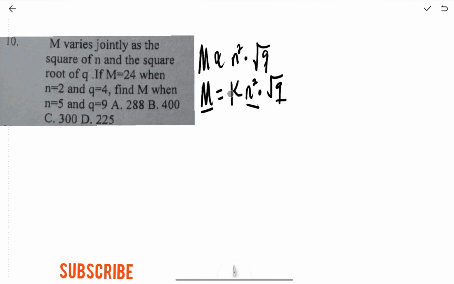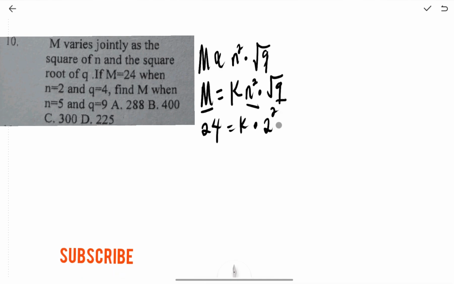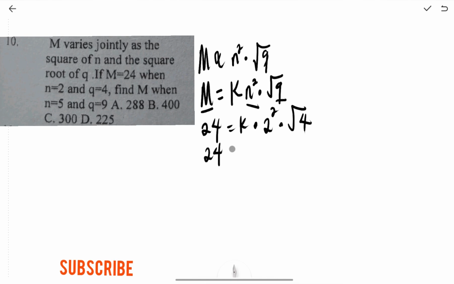So now we can always get k if we are given other parameters. Then we have 24 equals to k times n squared, n squared is 2 raised to power 2, times our q is 4.